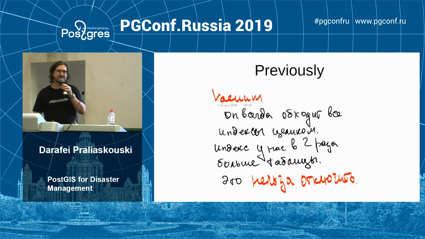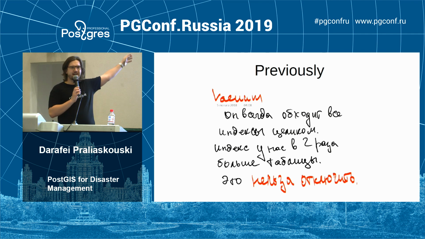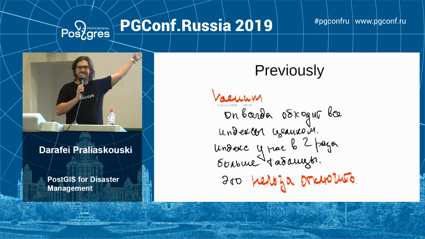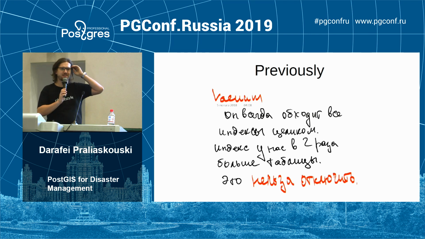So, the previous releases. I had this slide in a bloody color showing what problems we had in Postgres. I spent a while resolving these issues, and it took me another 6 months to recover.